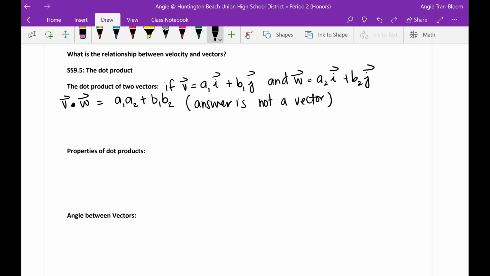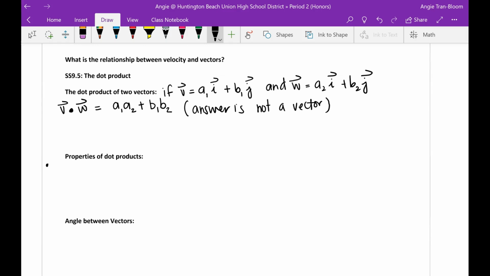So if we're doing the dot product of two vectors, the answer is not a vector. Keep that in mind. What are some properties of the dot products? It is definitely commutative, okay? So v dot w is the same thing as w dot v. Okay? It is distributive.